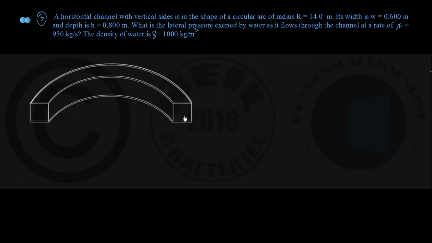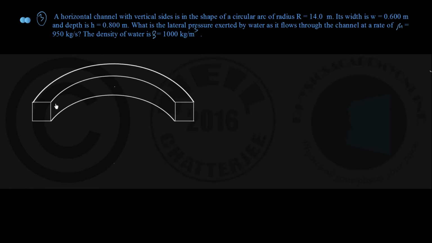So we consider a part of this horizontal channel of an arbitrary length L, say. This is the horizontal channel you can see, and I am taking any length of it, that is L, a part of it only.